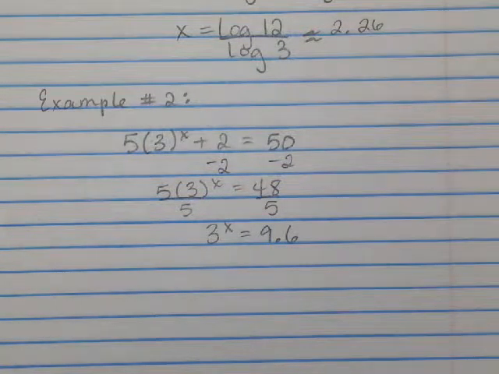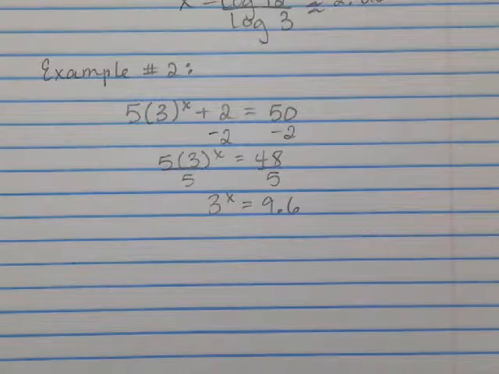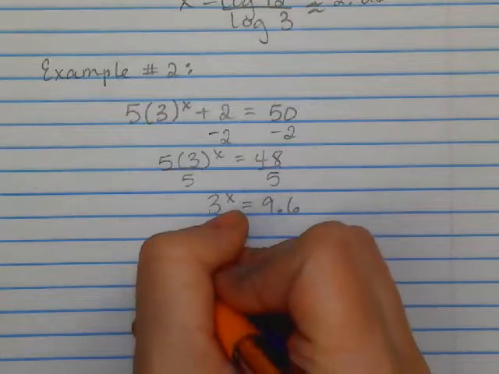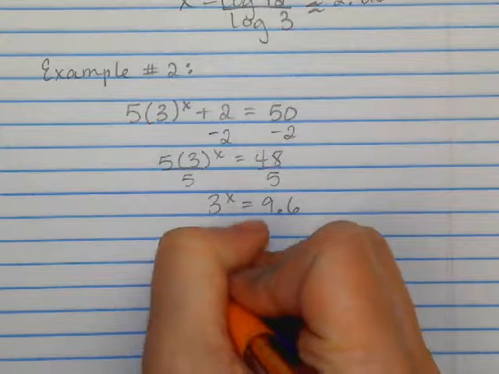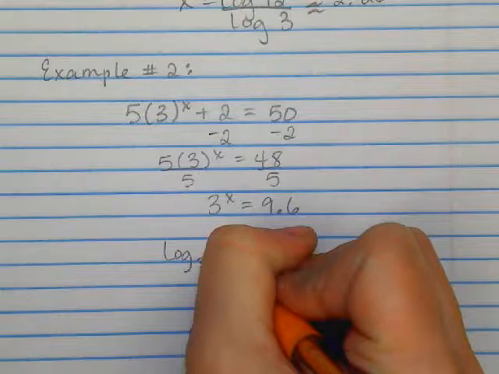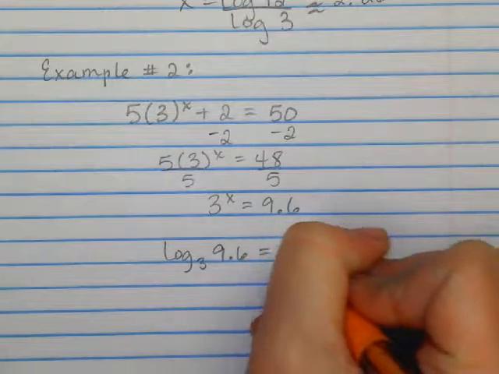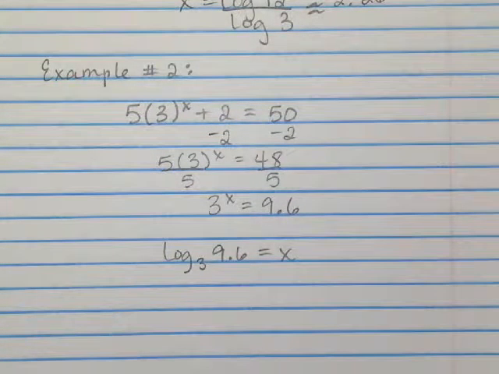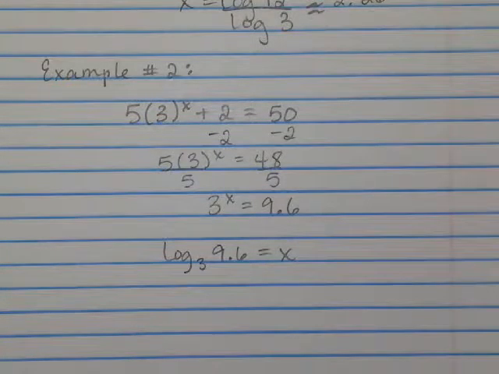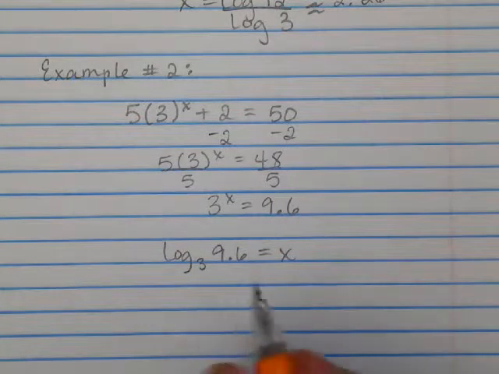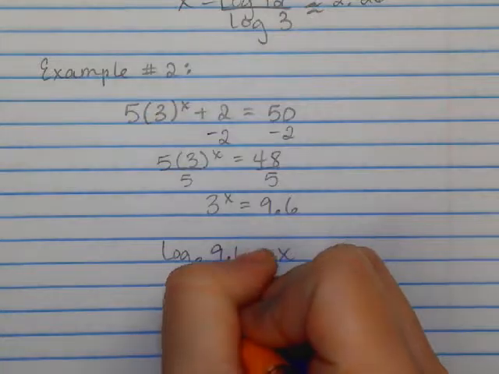So what do I need to do with it now? Turn it into a log. And what's it going to be as a log? Log base 3 of 9.6 equals x. And then how am I going to put that into my calculator? Very good.